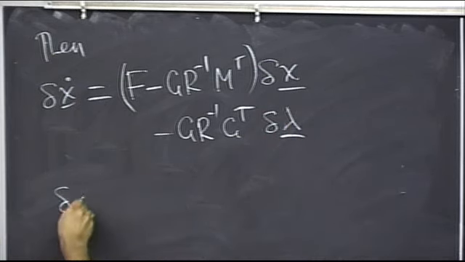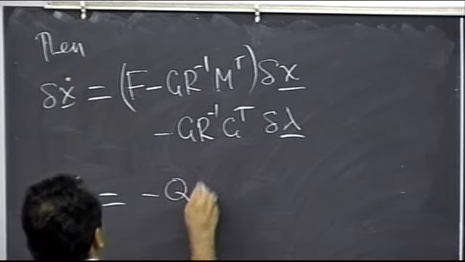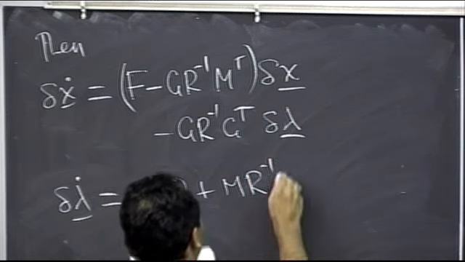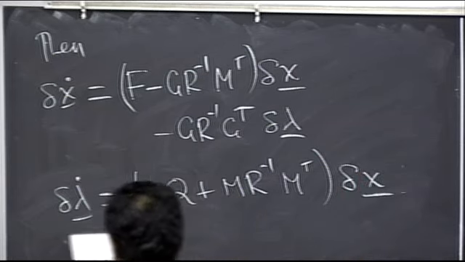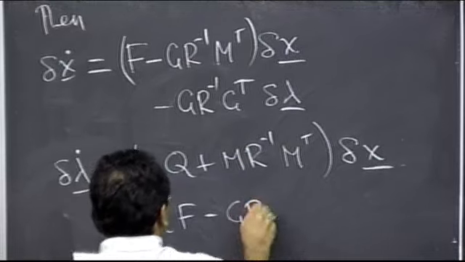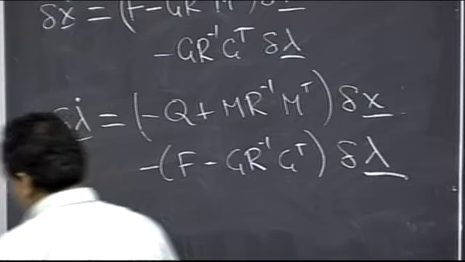And delta lambda dot is equal to minus Q plus M R inverse M transpose times delta X, and then minus F minus G R inverse G transpose times delta lambda.